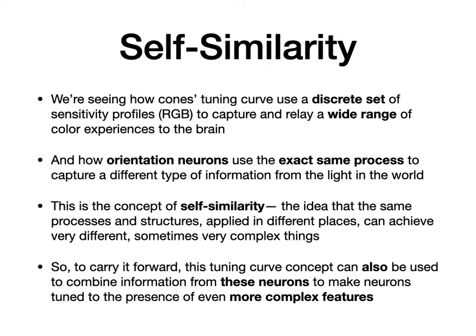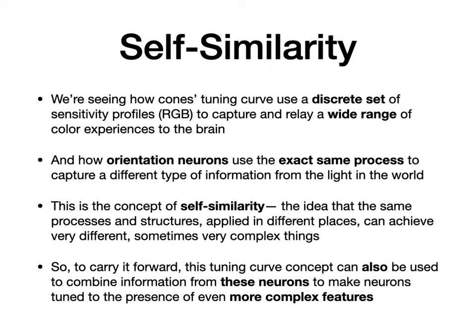There are three colors, red, green, and blue, to capture this wide range of color experiences and send them onto the brain. That's the same way that orientation neurons use that exact same process to capture a different type of information from the light in the world, right? So they are getting orientation in a similar way that we are getting color.